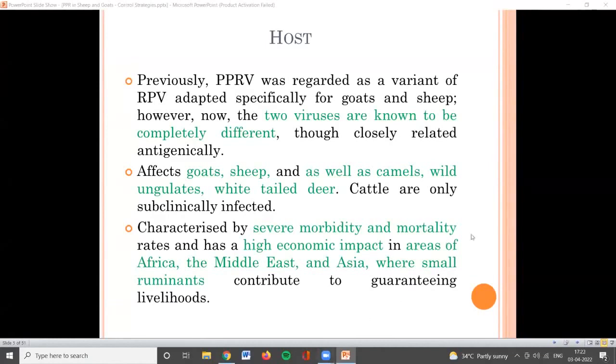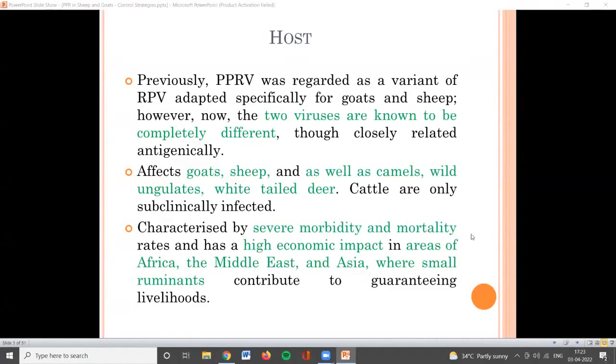PPR virus causes disease mostly in sheep and goats, as well as in camels, wild ungulates, and white-tailed deer. Cattle are only subclinically infected by the PPR virus, and the disease is characterized by severe morbidity and mortality rates.